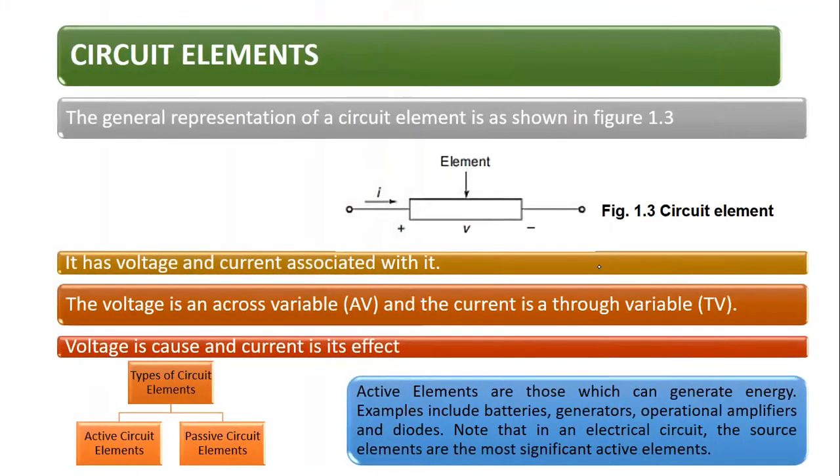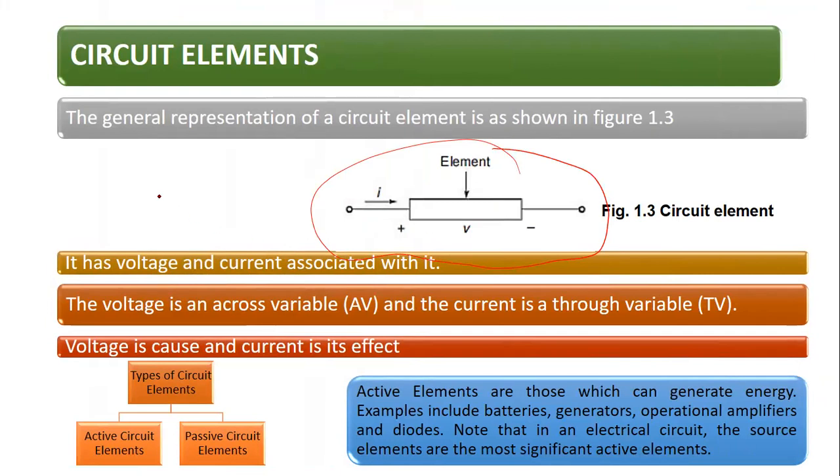Then let us come to the circuit elements, because an electric circuit comprises certain elements, certain components which are connected to one another in a certain topology. Any element can be represented like this.